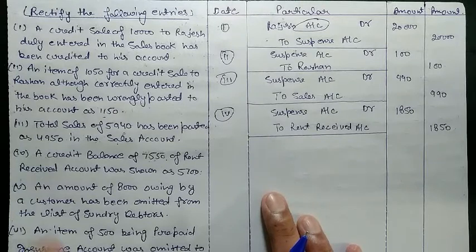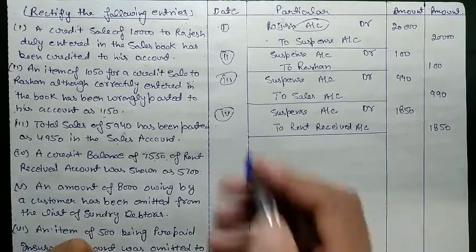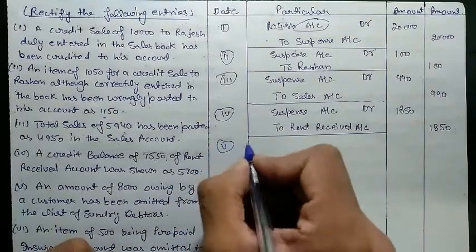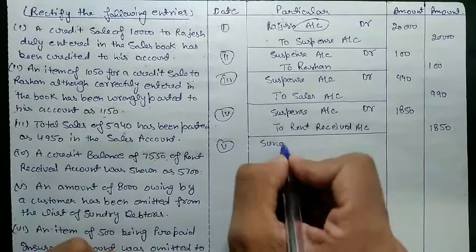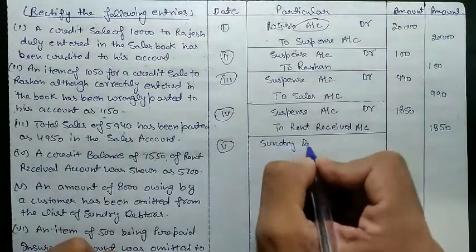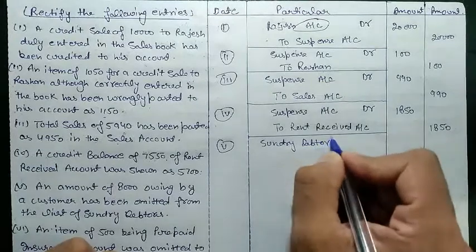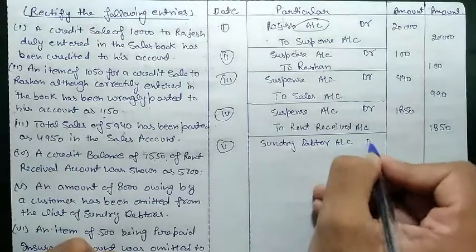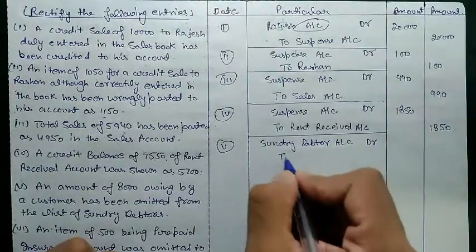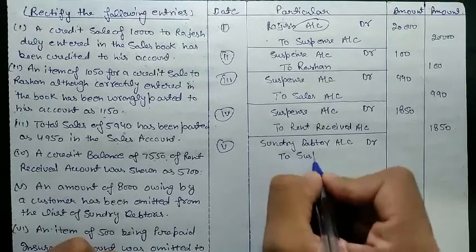We forgot about one of our customers. So as we know, sundry debtors are an asset for us, and an asset always has a debit balance. So we will debit that account. The account that we have is sundry debtors account debit. Another account that we have to use is suspense account.